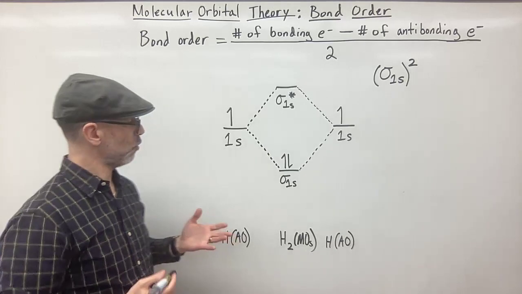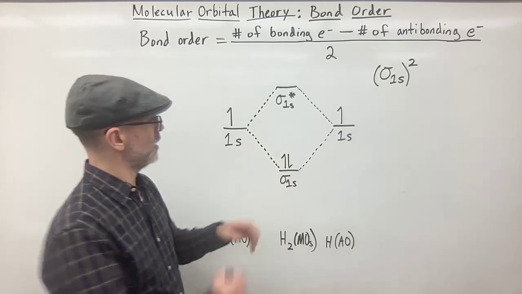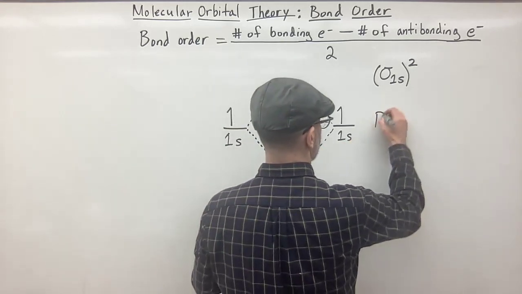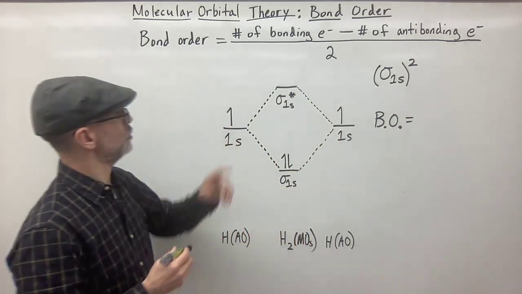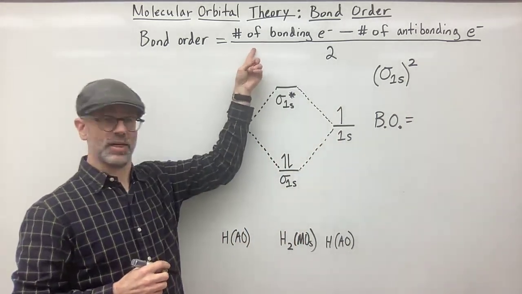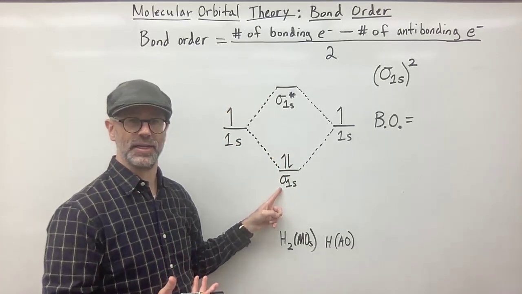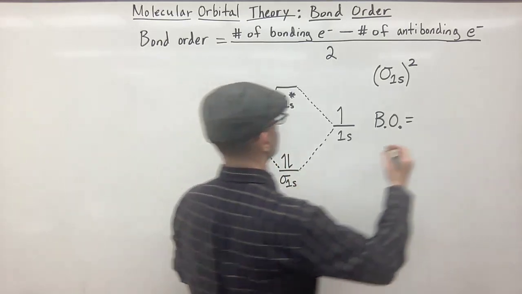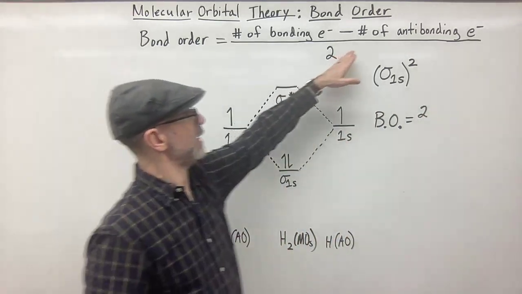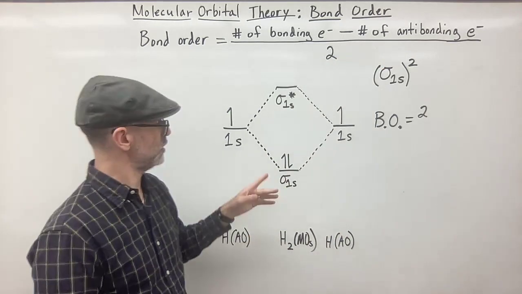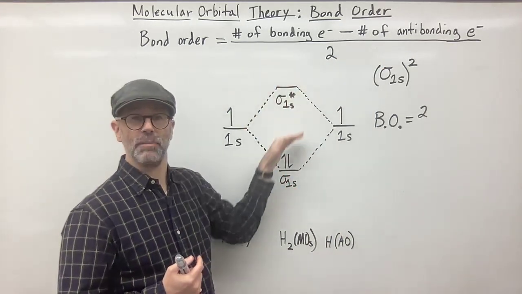And that's going to give you the bond order. So if I apply that here, the bond order, BO, is equal to the number of bonding electrons. We have 2 electrons in the sigma 1s, which is a bonding molecular orbital. So we take the 2 electrons and subtract the number of anti-bonding electrons. The 2 electrons is all we have, so there's nothing up here above.